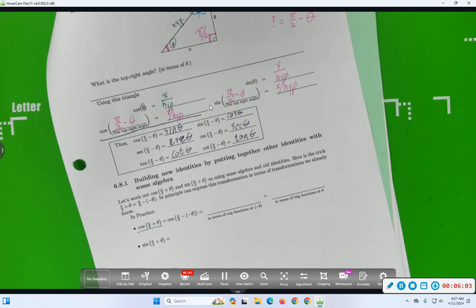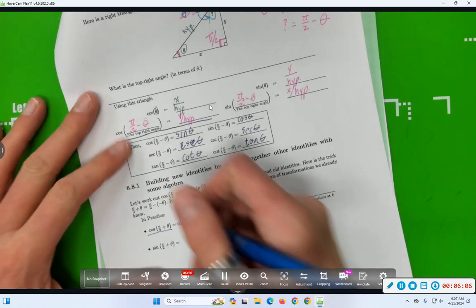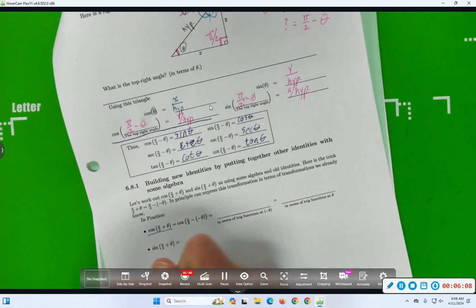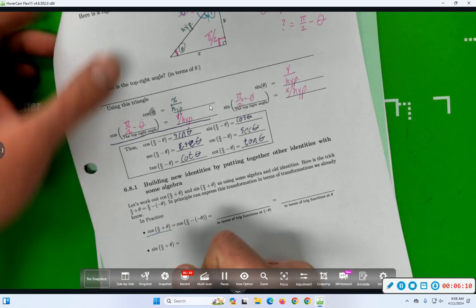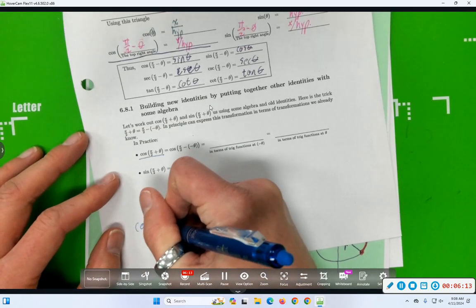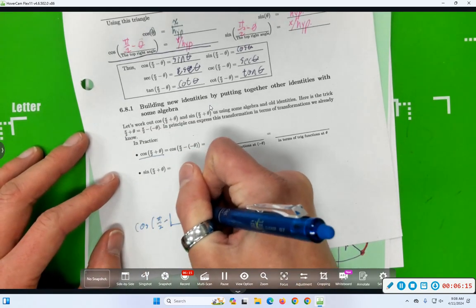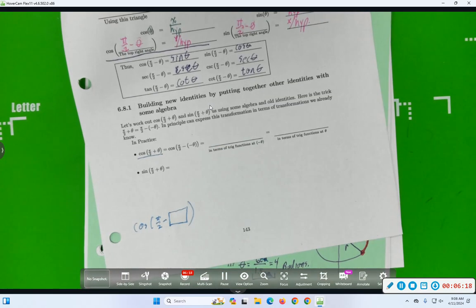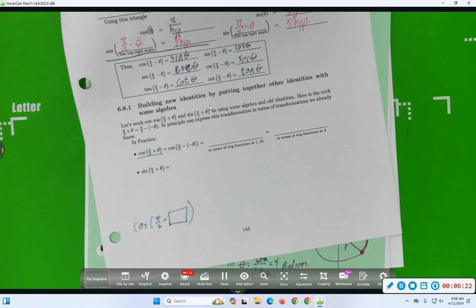Cool. Let's write down the relevant thing here then. What is the cosine of pi over 2 minus something? Flip back to the table if you need to. Cosine of pi over 2 minus thing is sine of that thing.